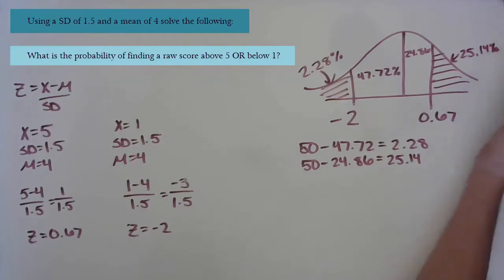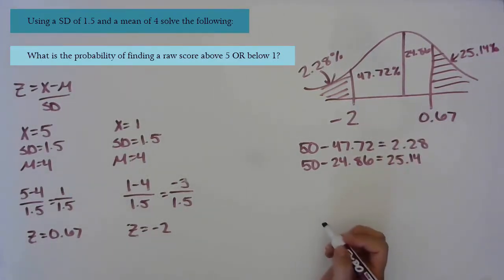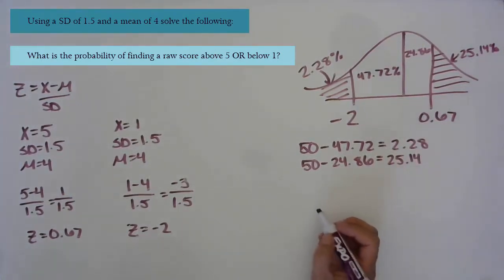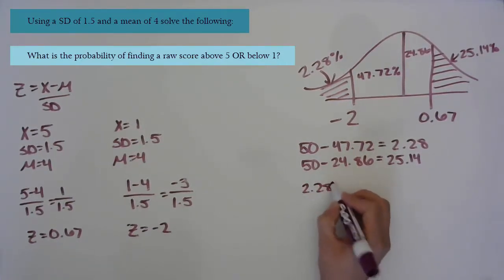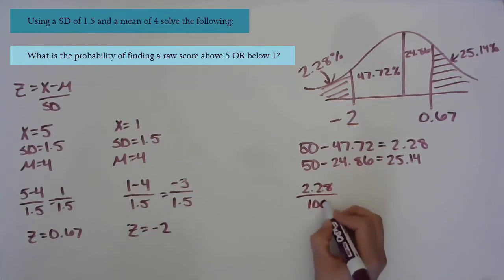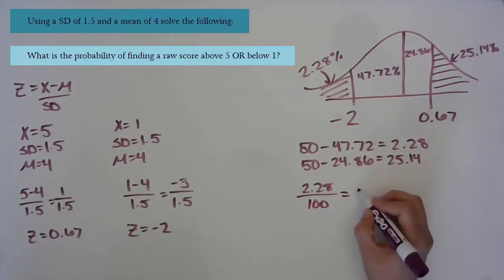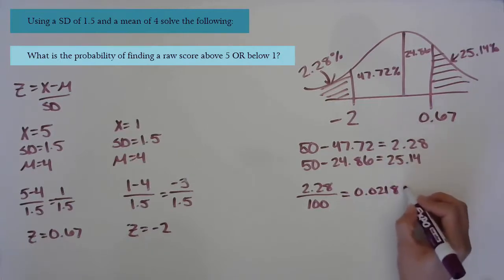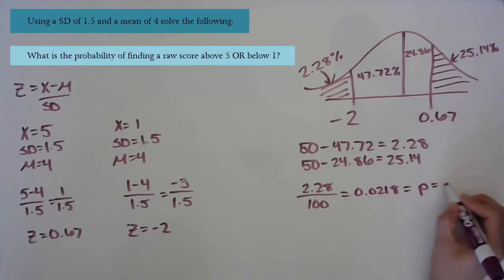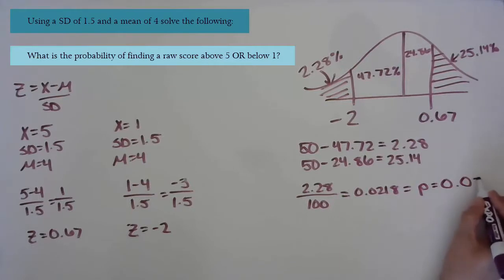Okay, so now let's go ahead and convert those percentages into probabilities. So we have 2.28 divided by 100 is going to give us 0.0228. That is going to give us a probability of 0.02.